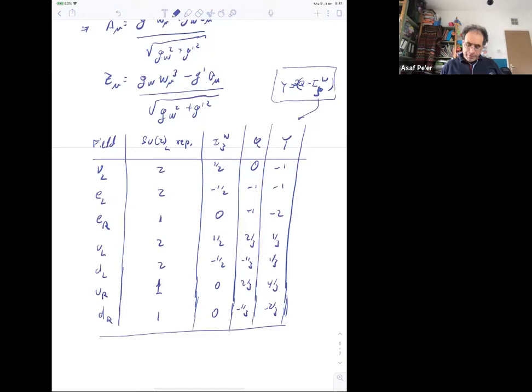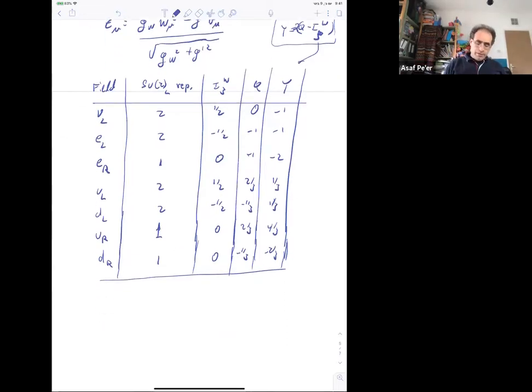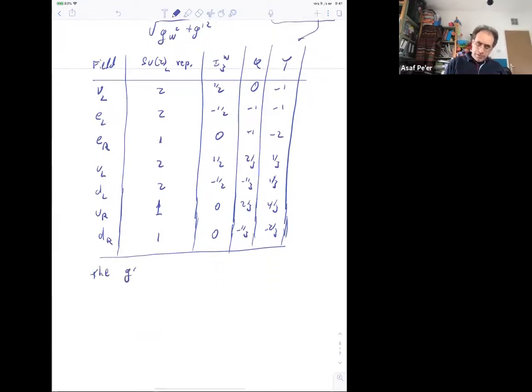This is for the first generation particles, but an identical table would be for the next generation fermions. Now the gauge bosons, they do not participate in the U1Y symmetry.